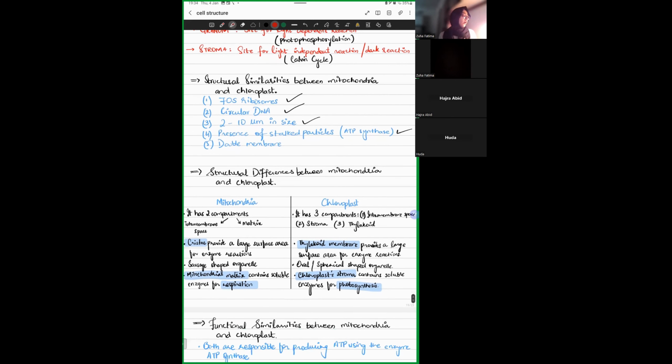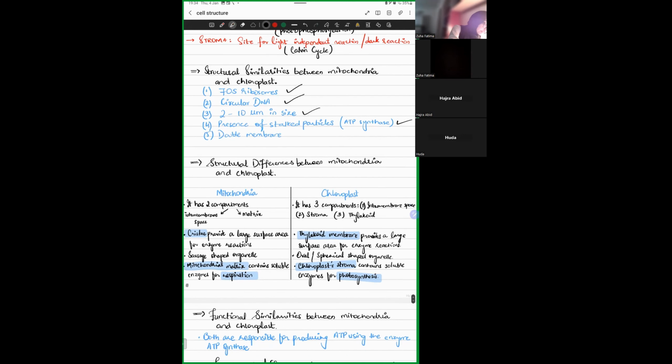Now, in mitochondria the inner membrane is folded. Let me just write this point, which I did not write, with you guys. The inner membrane of mitochondria is folded and the folds are called cristae.